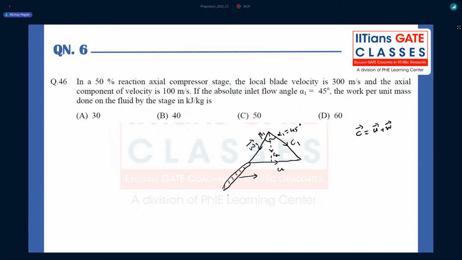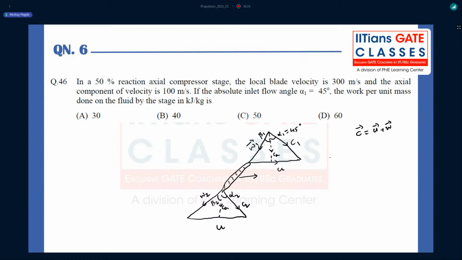So that is how it is receiving, and the fluid leaves the rotor at relative velocity W2. Its axial component is again CA, and it's already rotating at U, and my absolute velocity vector is going to be C2, again given by the C is equal to U plus W relation. So this is alpha 2, this is beta 2. So now my velocity triangle is with us.